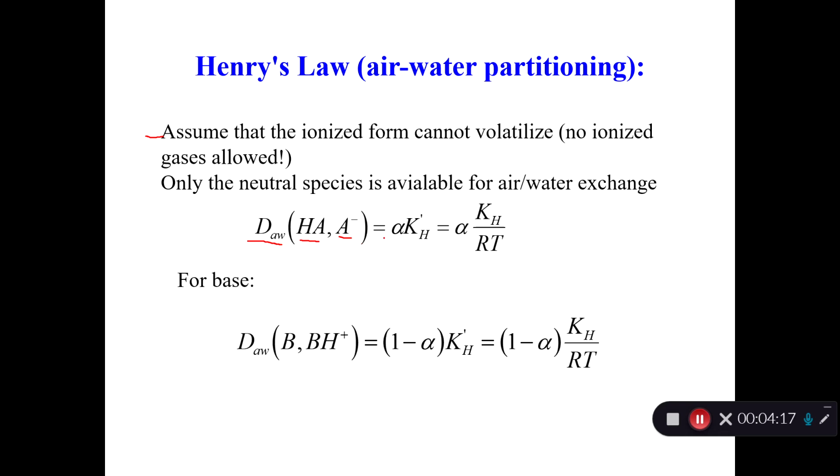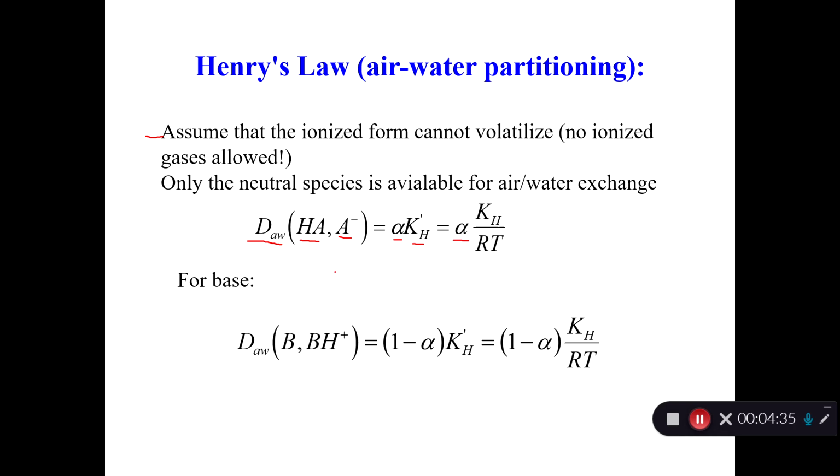And that would be equal to alpha times the Henry's law constant. So this is the Henry's law constant with units, pressure units. And then if we divide by RT, we get the dimensionless Henry's law constant here.